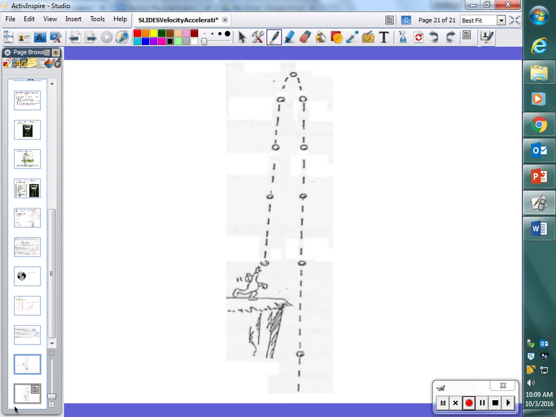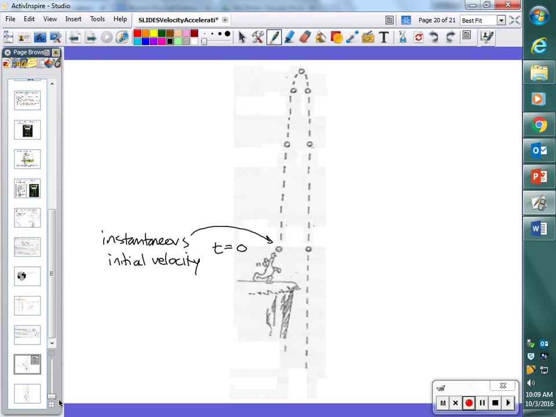Okay, so the first picture is at the top. Yep. The velocity is 0, but the acceleration is not 0. Or whatever acceleration value is at that location, right? If this picture was a picture of an astronaut throwing a ball up on the moon, the instantaneous velocity up at the top would still be 0.